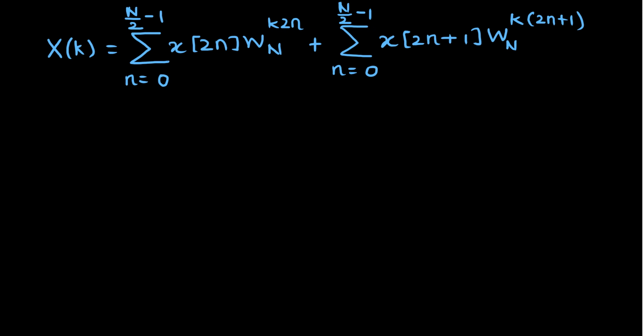Now if we look at this twiddle factor here, using the radix property, we can just write it as wn by 2 to the power kn.